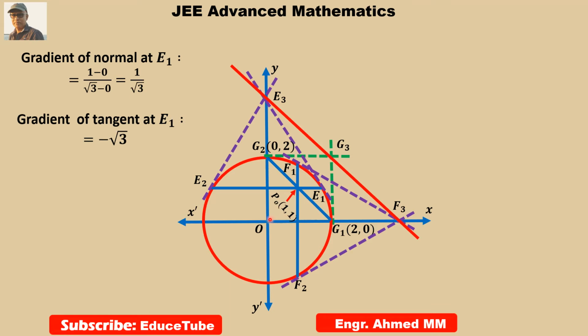So what is the slope of this normal? I mean this O and this E1. It will be (1 minus 0) over (square root of 3 minus 0), because we already got this point. So we got the gradient as 1 by square root of 3.